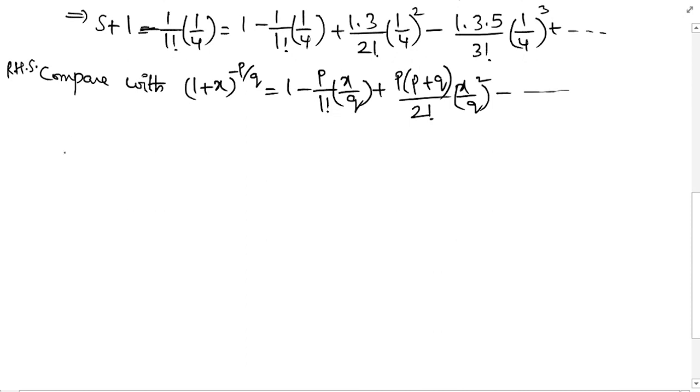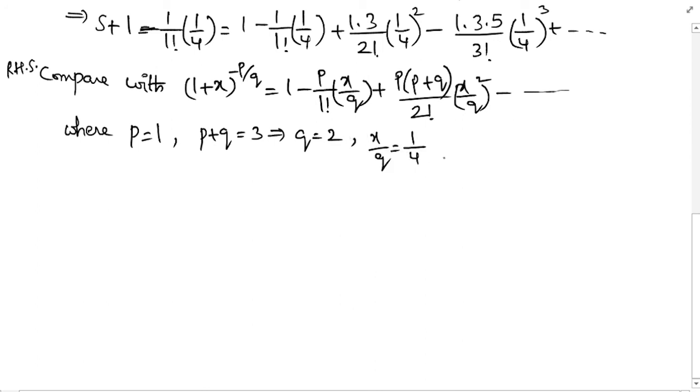When we compare with this, we get p is equal to 1, and p plus q is equal to 3. That means q is equal to 3 minus 1, that is 2, and x by q is equal to 1 by 4. That implies x is equal to q by 4, that is 2 by 4, which is equal to 1 by 2.